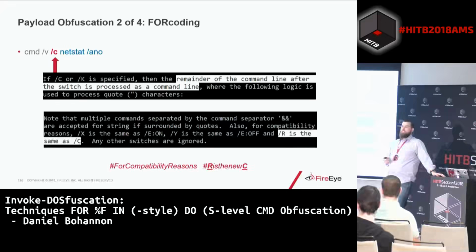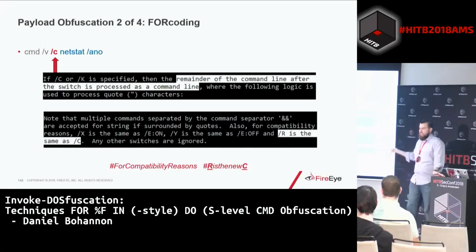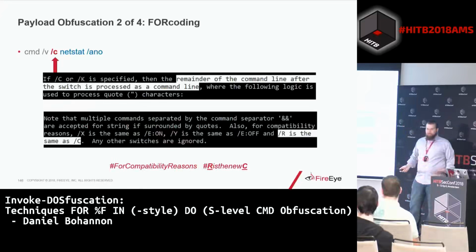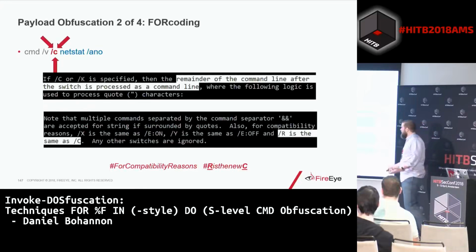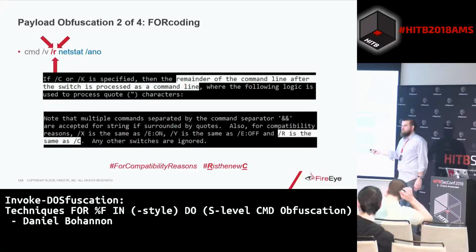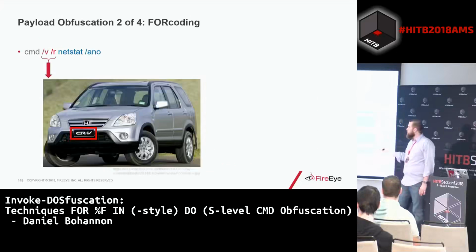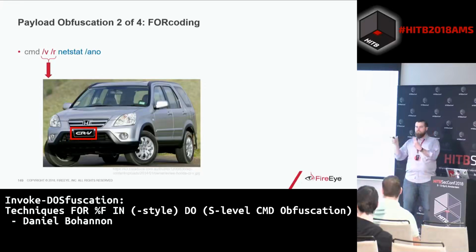So any detection that relies on /C, an attacker could totally just use /R. I've never seen this used in the wild, but that's freaking cool, right? I'm just going to replace /C with /R now, and that works perfectly fine. So as a defender, when I'm running detections, I want to look for /V, /C, /R. CRV is the way that I remember those two anchors: C and R are interchangeable, and V for variable expansion.